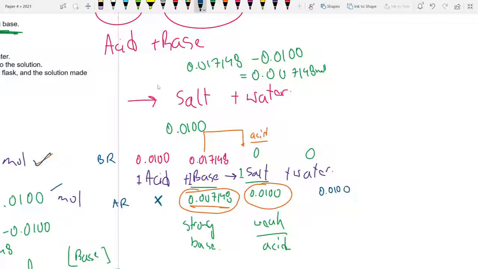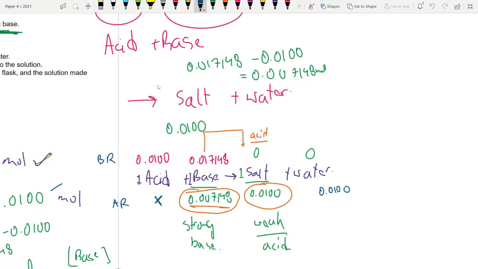Okay, so basically they've told us that this base is strong, right? So obviously if a base is strong, its conjugate acid is going to be weak. So what's the composition of this buffer? The strong base, the anion of aces, and the weak acid, or the weak salt that's formed.